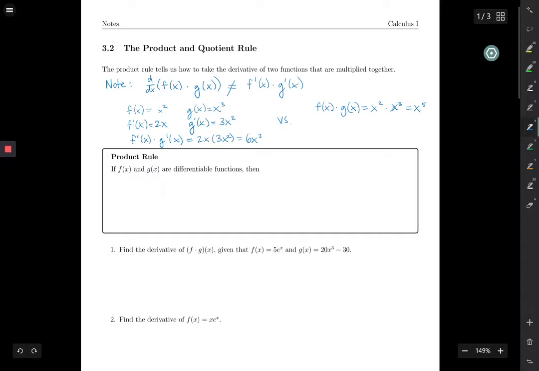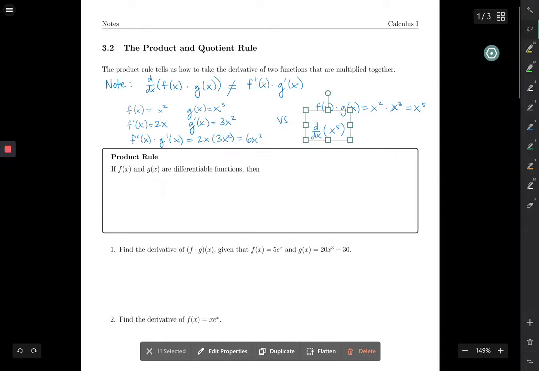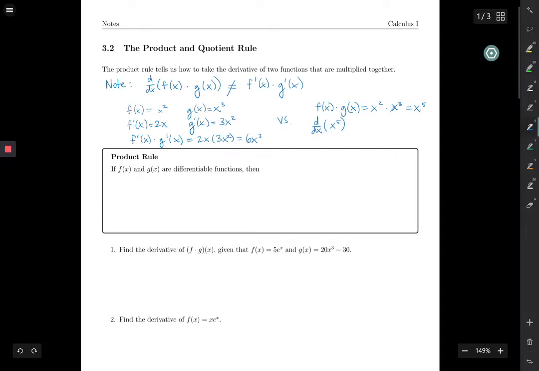And then we know that the derivative of x to the fifth, there we can use the power rule again, and that is going to give us 5x to the fourth.